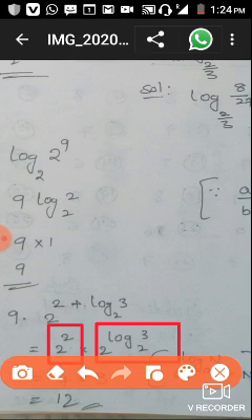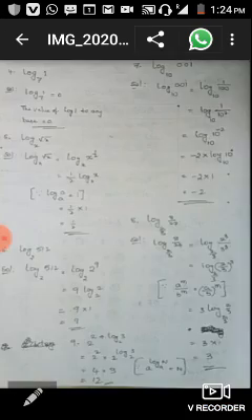This is the formula a power m into a power n equals a power m plus n. According to that formula we can write 2 to the power of 2 into 2 to the power of log 3 base 2.